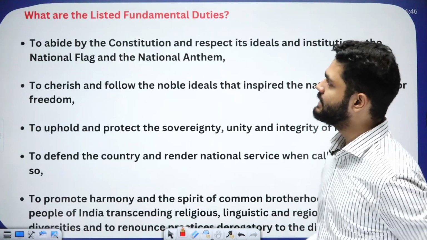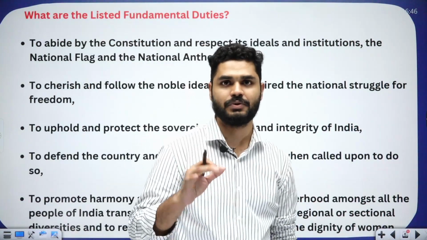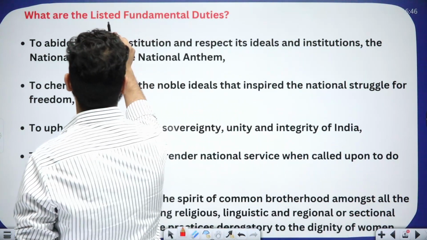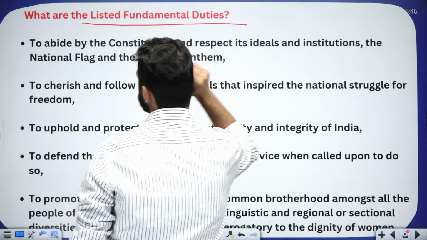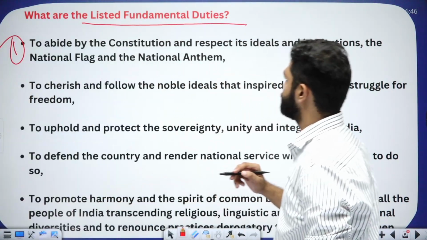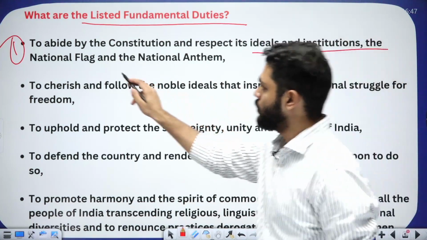Now let's see what these 11 different duties are, and as I said, we are going to talk about them comprehensively one by one. So what are the listed fundamental duties? Number one is to abide by the Constitution and respect its ideals and institutions. And what kind of institutions?